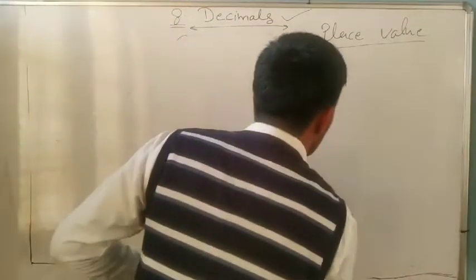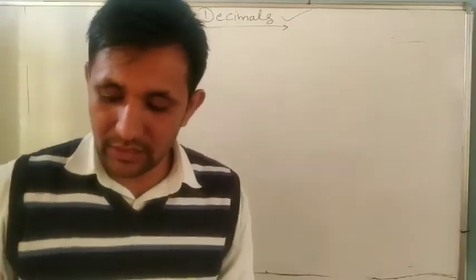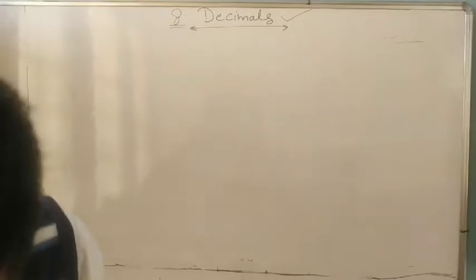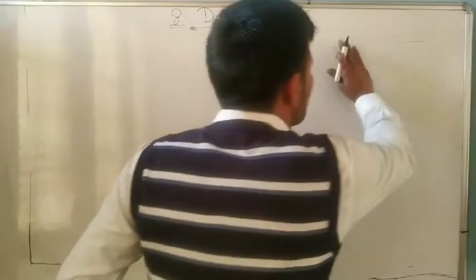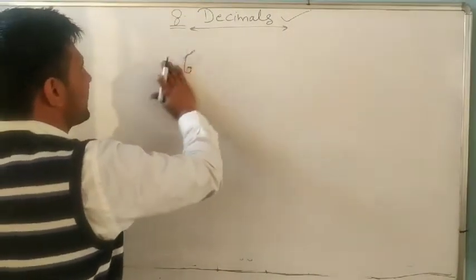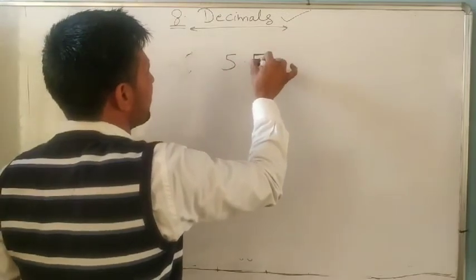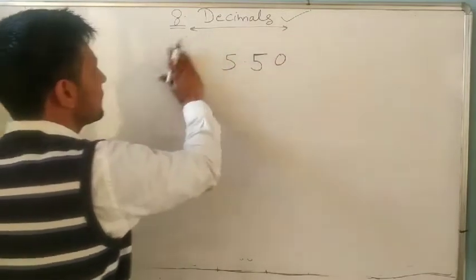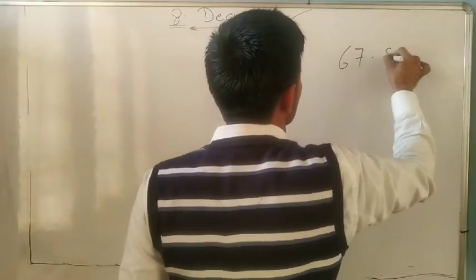But sometimes we go to the market. Whenever you go to the market and ask the shopkeeper what is the price, we observe that on the packet also, the price written on any product is like this. Suppose I ask you what is the rate of this one, the shopkeeper says the rate is 5.50. Maybe sometimes 67.55, like this.